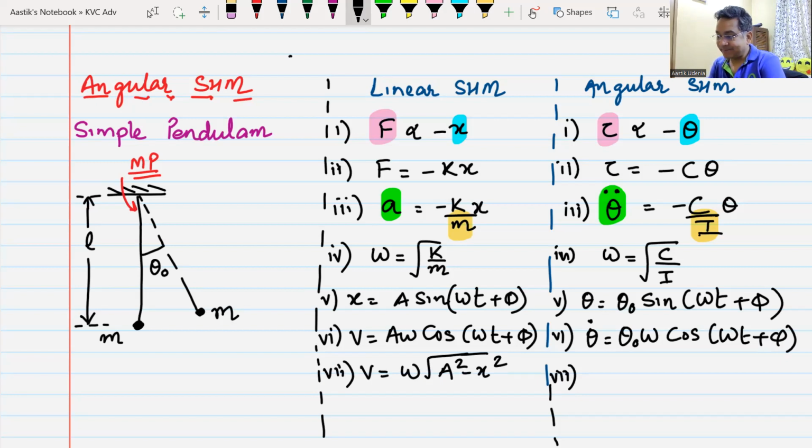Theta dot will be equal to omega into root over theta naught square minus theta square.